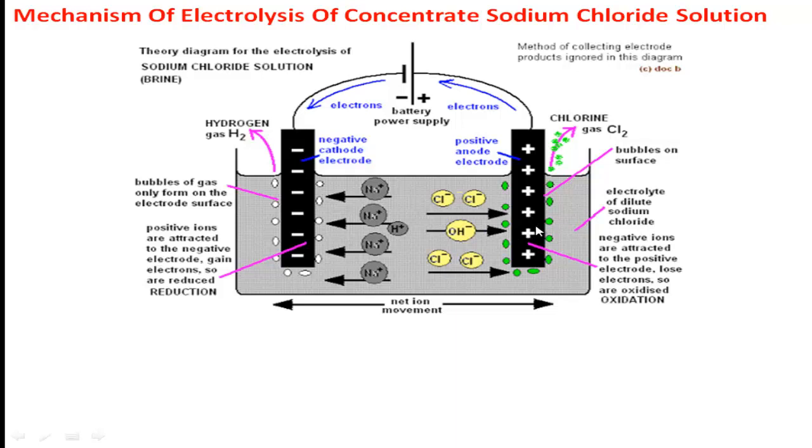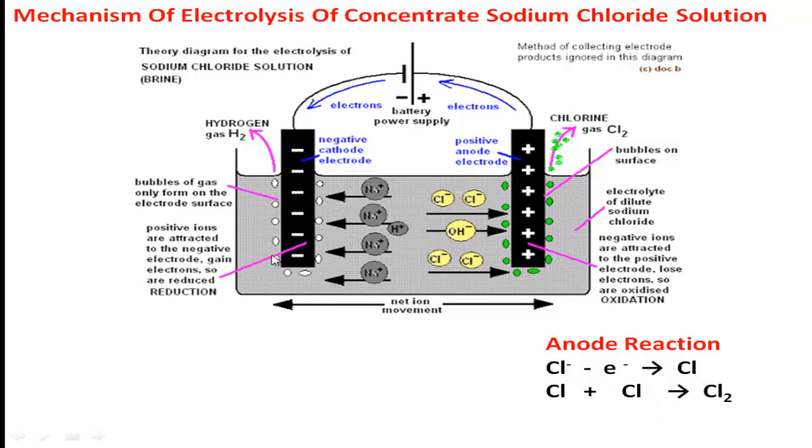So the chloride ion reaches the anode, releases an electron and is converted into a chlorine atom, and finally two chlorine atoms combine together and produce chlorine gas. Follow here: in the anode, chloride ion releases one electron and is converted into a chlorine atom, and two chlorine atoms combine to form chlorine gas.